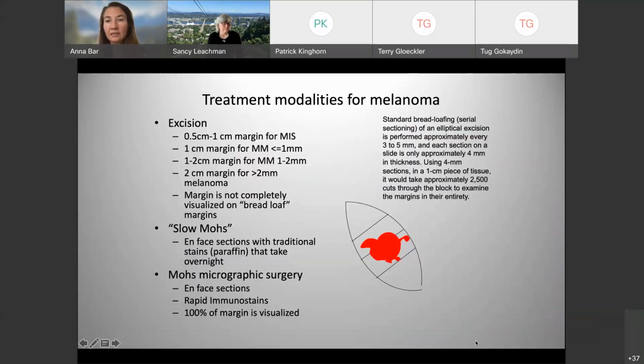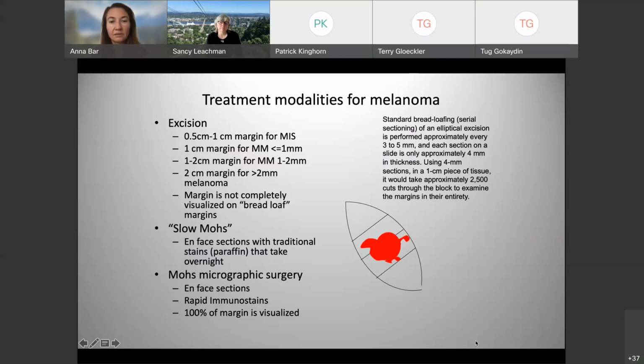So currently, the melanoma treatment margins depend on the depth of your melanoma. And if it's an earlier melanoma, they recommend like a 1 centimeter margin or less. And if it's a later stage melanoma, they could even recommend 2 centimeter margins around it. But that's not always possible on the face.